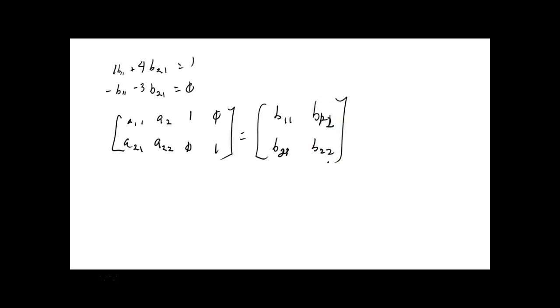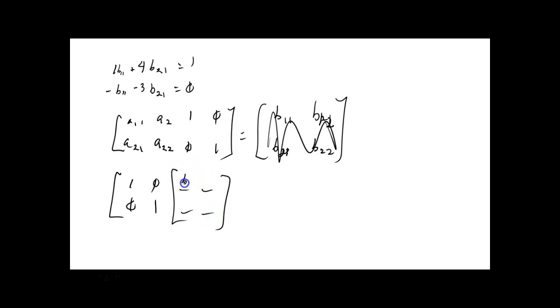Lo and behold, that's what you wound up with. When you did the row reduction, you wound up with a 1, 0, 0, 1. And what you wound up here is your B11, B12, B21, and B22, okay? When you did that. And it just was rather bizarre.